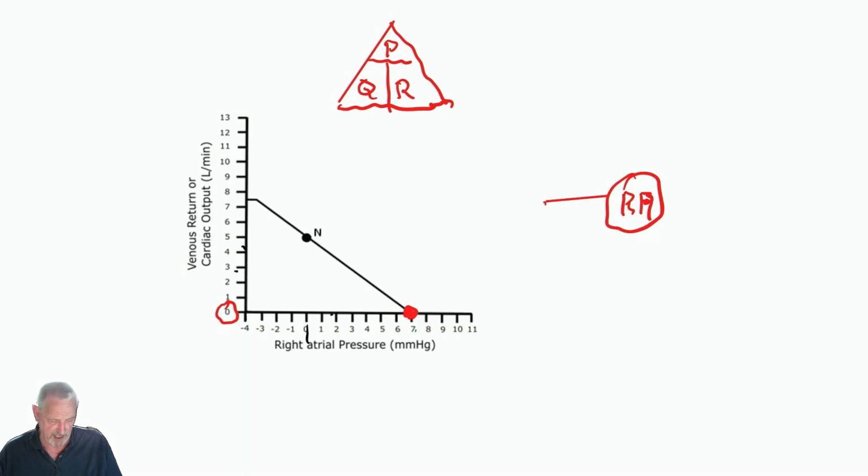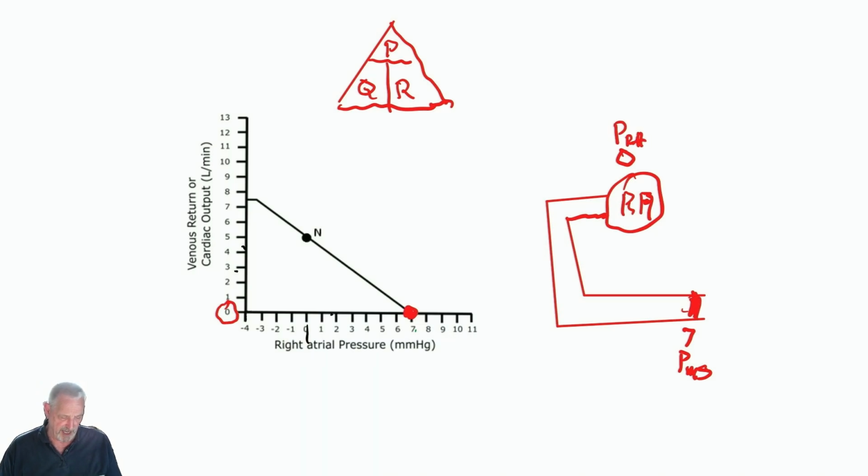We're talking about the part of the circulation from some part in the venules, where the mean systemic filling pressure is 7 millimeters of mercury, down to the right atrium, where the normal right atrial pressure is 0. So we're talking about flow through this segment when we're talking about venous return.